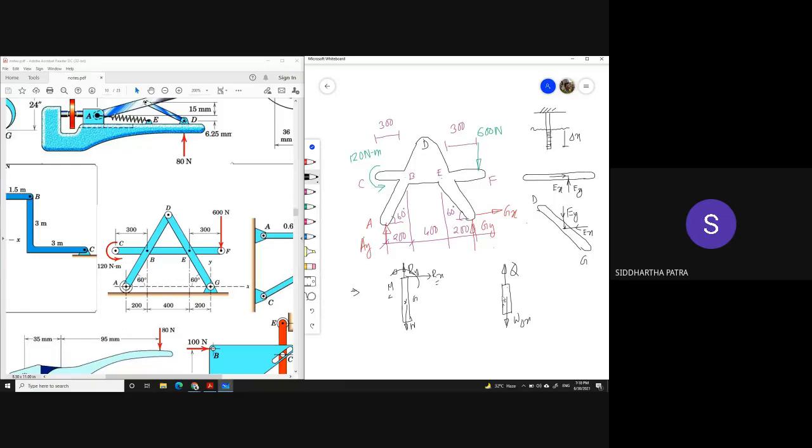But who is providing this reaction force? Now if I draw the free body diagram of the top half, then I have this Ry, Rx, and this reaction moment, and this Q is being applied to this upper body by this lower body.